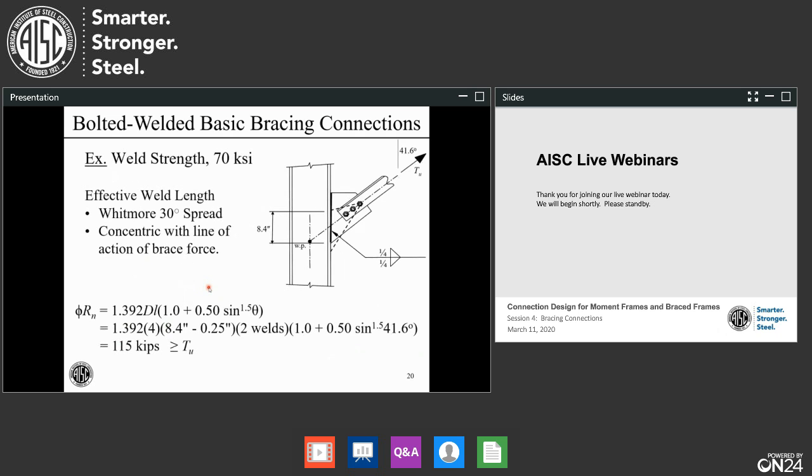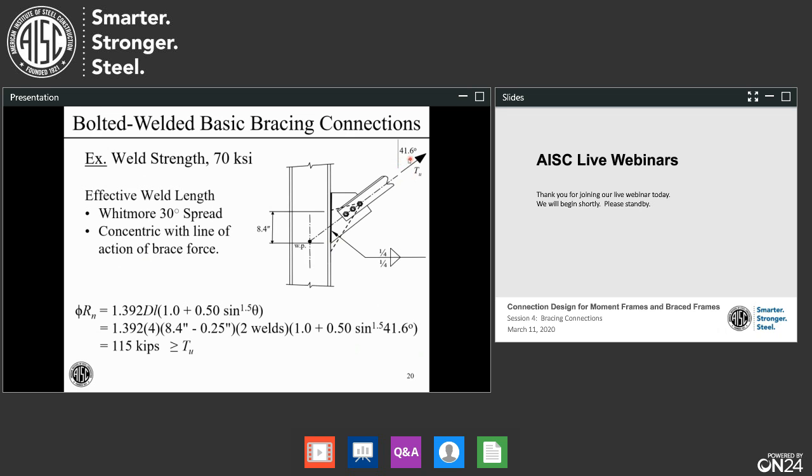So let's look at just a quick little example. In this case, we have 70 ksi, so we can use our shortcut equation. And we have this arrangement where it's not super convenient because the entire weld group, from the top of the plate to the bottom of the plate, is not concentric with Tu.